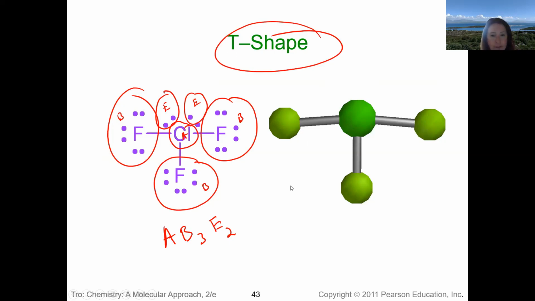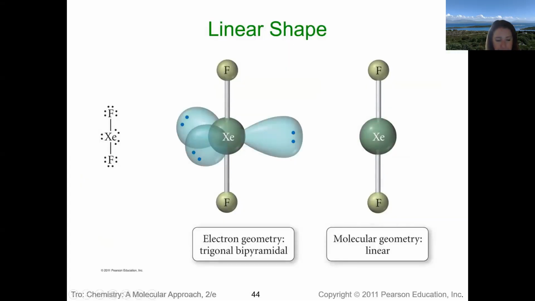The next one is linear. And the linear one, you don't even really need to remember, because if you have one atom and there are 2 atoms attached, the only way those atoms can be is linear.